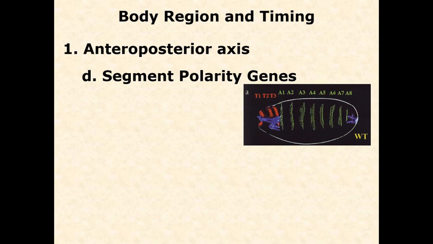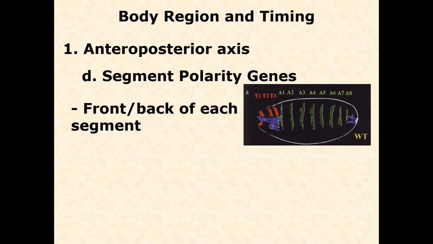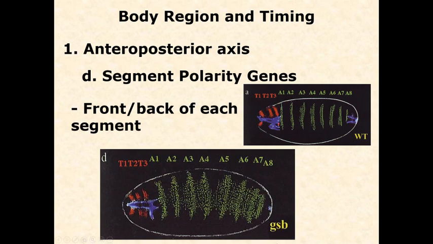And so a secondary anterior to posterior axis is established within each segment, saying, hey, this is the front of the segment where this gene is expressed. And then it will diffuse back to the back where there's a much lower signal representing the back of that segment. Right? So front to back of each segment. And so if we mutate these, we lose that clear definition of front to back, and we end up kind of blurring all of the segments together.